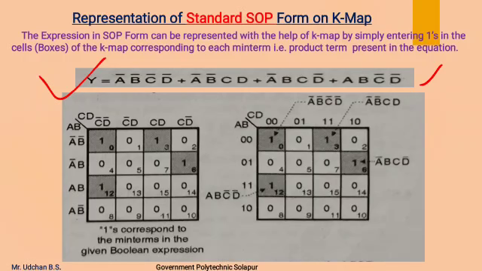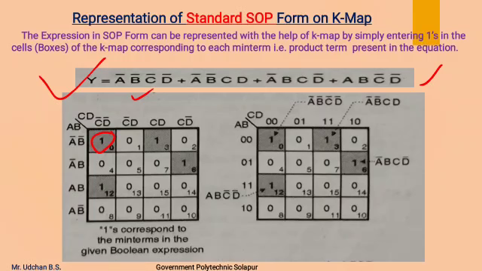Here there are 4 product terms, for which we are going to enter 1 in each cell. The first product term is A bar, B bar, C bar, D bar. So I first have to find the position of the cell for the said product term. The A bar, B bar, C bar, D bar position is over here, so I have to enter 1 in that place.